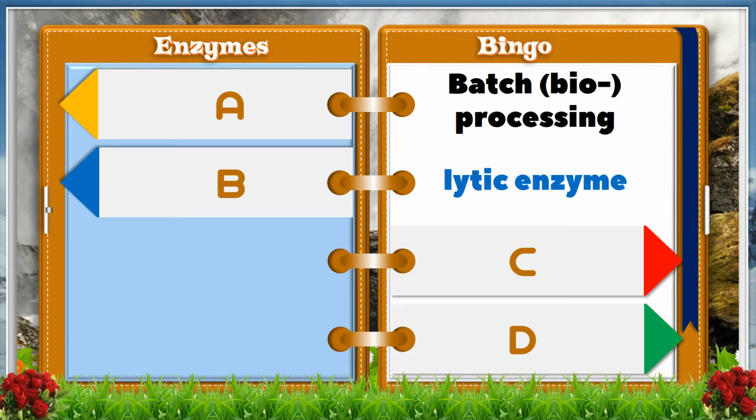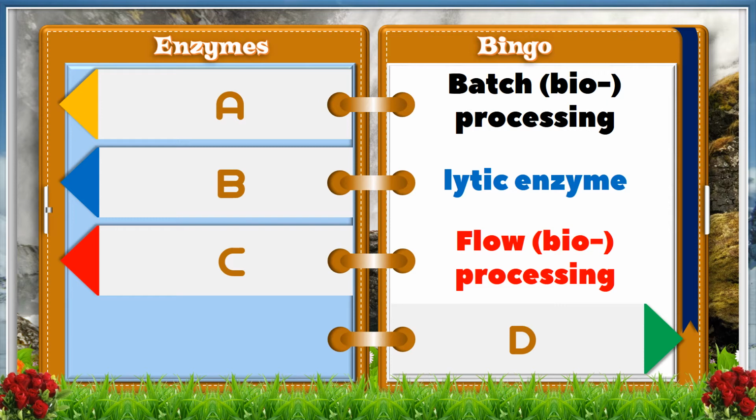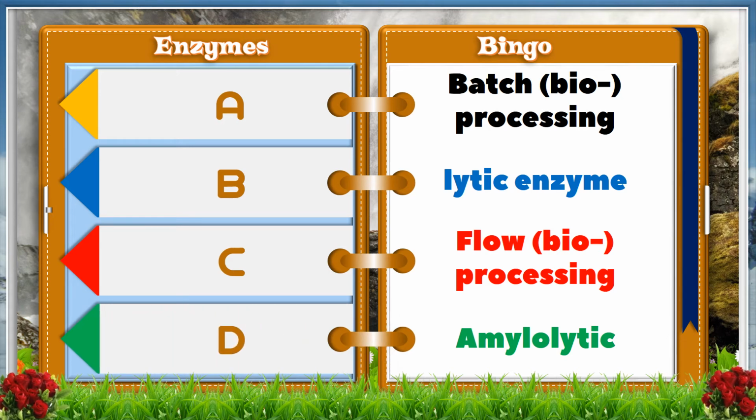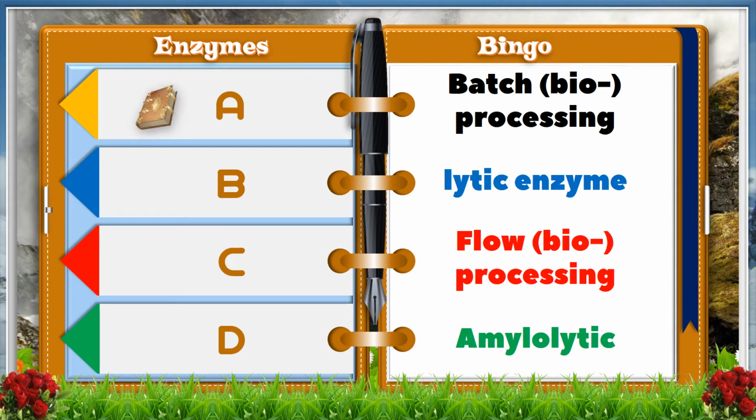B. Lytic enzyme. C. Flow bioprocessing. D. Amylolytic. And the answer is A. Batch bioprocessing.